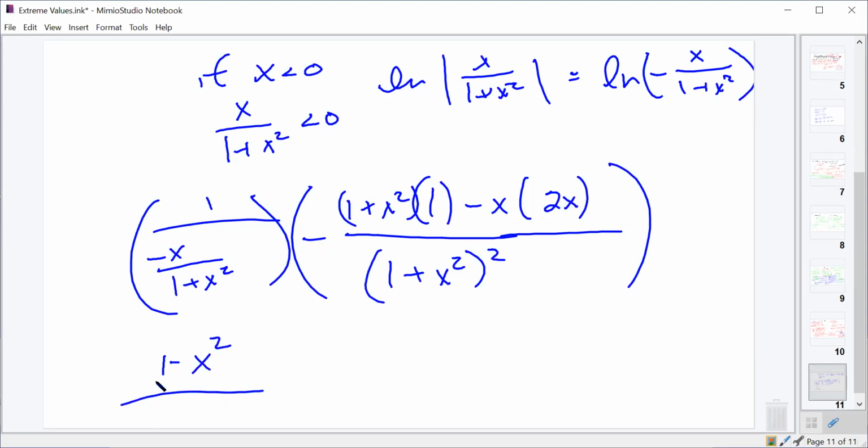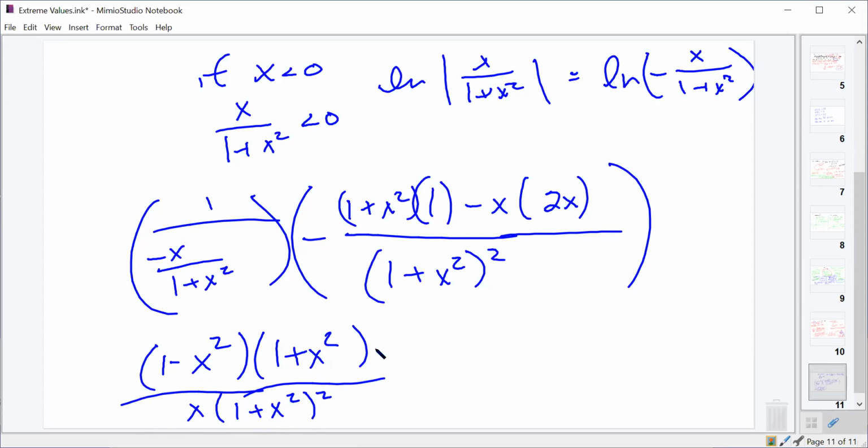1 minus x squared times 1 plus x squared over x times 1 plus x squared, squared. And once again, this equals 0 at x equals positive or -1, and it's undefined when x equals 0.